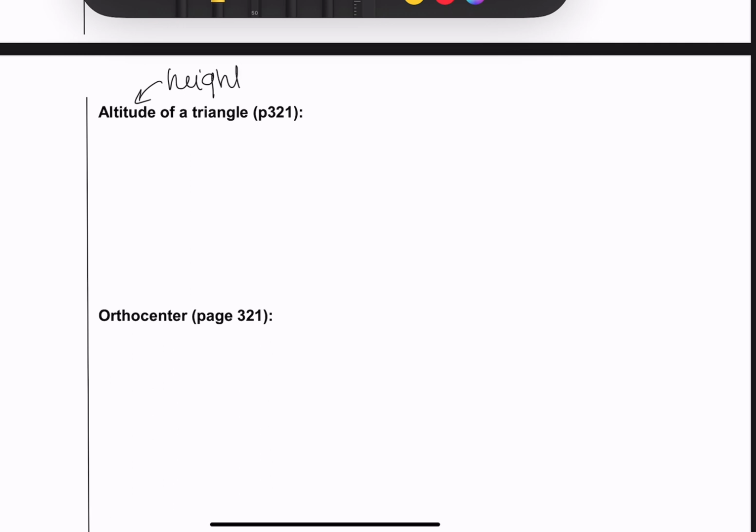Think about when somebody takes your height. They ask you to stand up straight, or in other words, they ask you to stand up perpendicular to the ground.